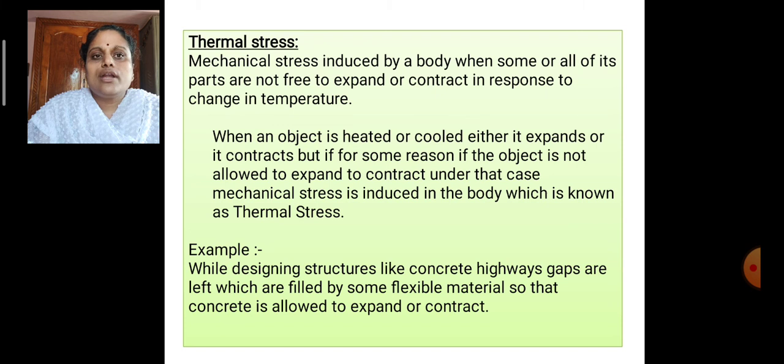That is, when an object is heated or cooled, it either expands or contracts, but if for some reason the object is not allowed to expand or contract, mechanical stress is induced in the body, which is known as thermal stress. For example, while designing structures like concrete highways, gaps are left which are filled by some flexible material so that concrete is allowed to expand or contract.